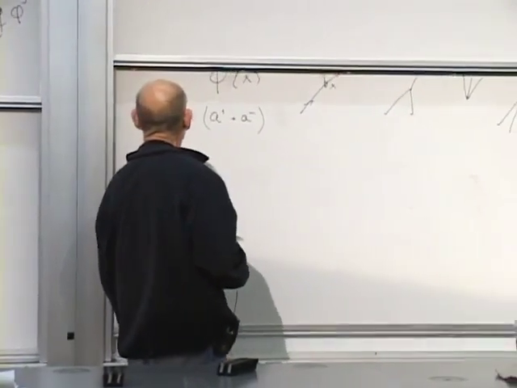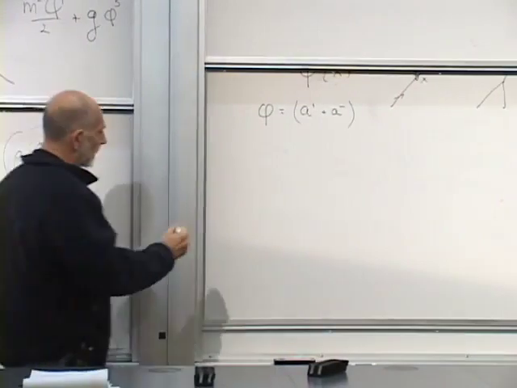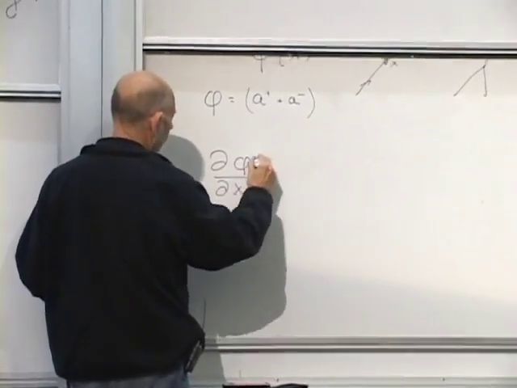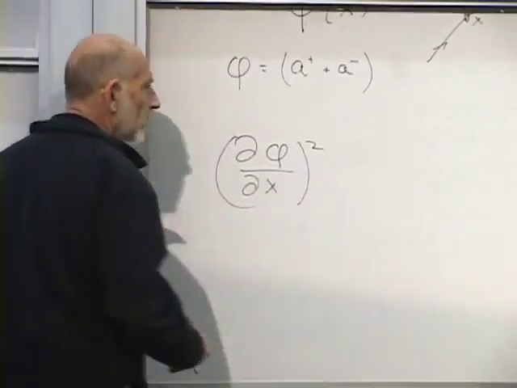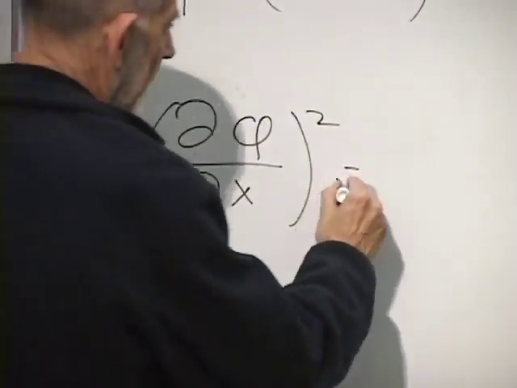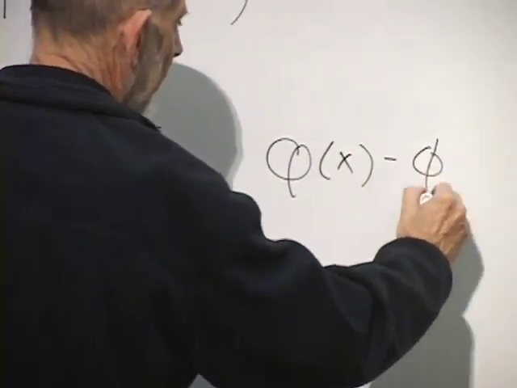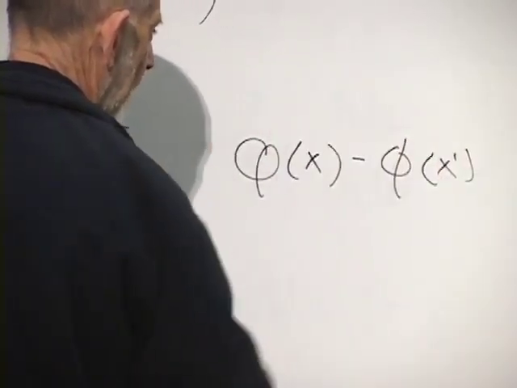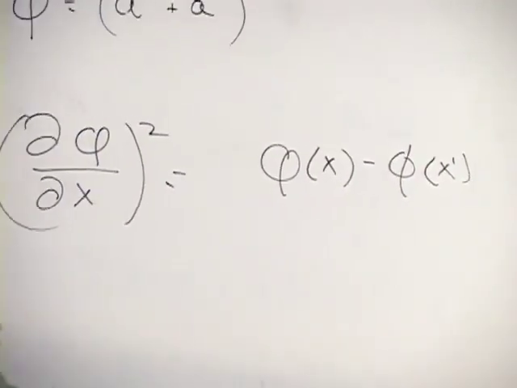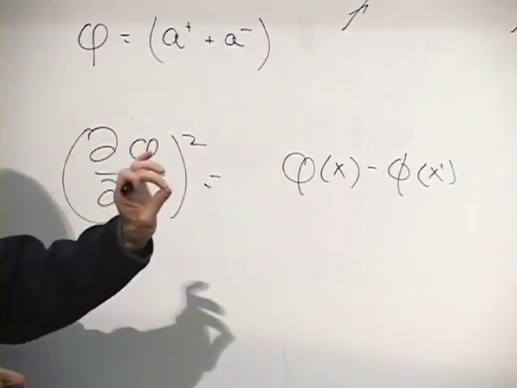Let's take a term in the Lagrangian. Here's a term in the Lagrangian: the derivative of phi with respect to x, squared. Let me think of it the following way. The derivative of phi is equal to phi at one point minus phi at a neighboring point. Let's call it x prime. That's what a derivative is, right? A derivative is basically a difference of the field at 2 neighboring points.